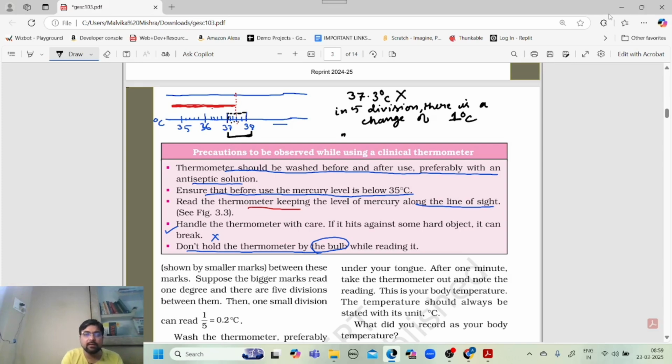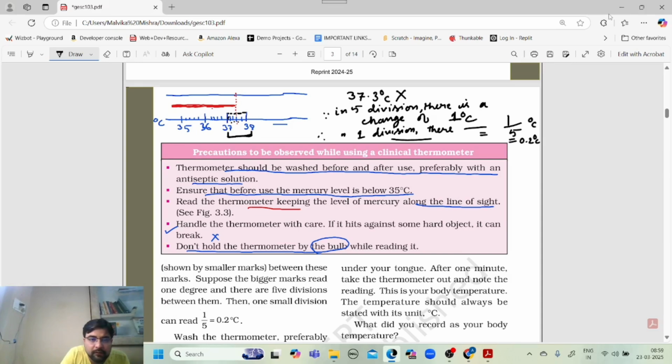So obviously, in one division there will be a change of 1 by 5 degrees Celsius. If you divide it, you will get 0.2 degrees Celsius.